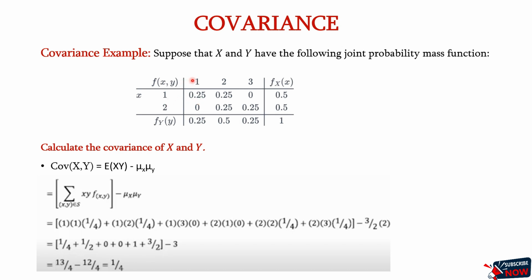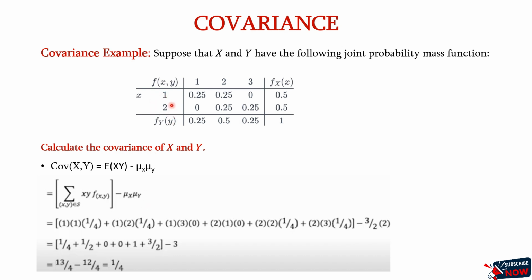So 1 into 0.25, which is expressed as 1 by 4, plus 1 into 2 into 1 by 4, plus 1 into 3 into 0 as mentioned here, plus next we come to the second row, 2 into 1 into 0, 2 into 2 into 0.25 is 1 by 4, 2 into 3 into 1 by 4 again, minus mu x mu y. So mu x is this sum divided by its total number.